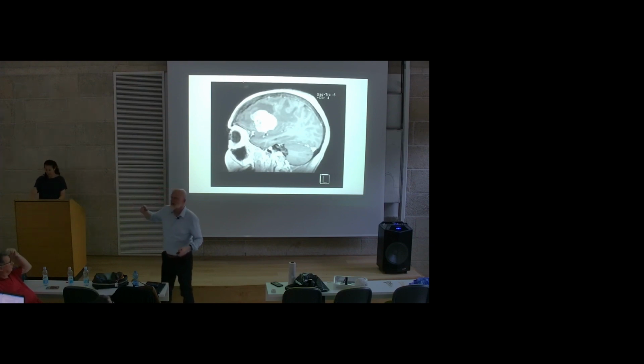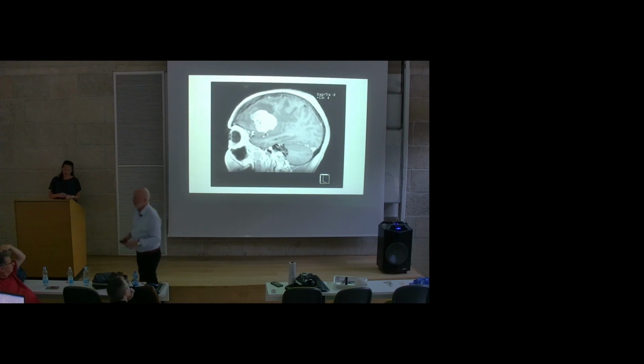Show me on your head and point your finger at the eye. Exactly that position. You all agree? It's rather deep, because the slice that you have is almost right down the middle.